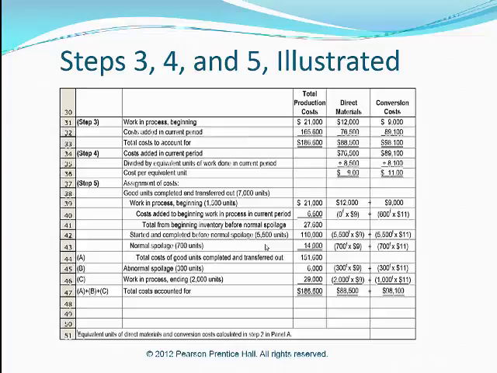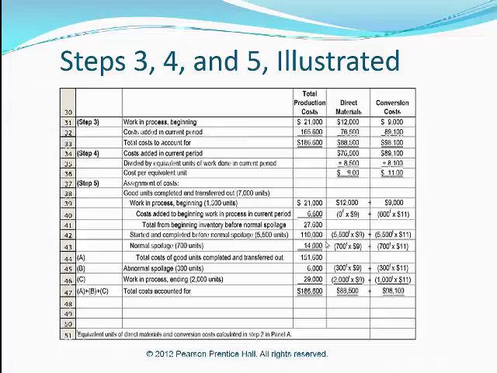So 7,000 good units times 10% gave us 700 units of normal spoilage. They too were considered to be started and finished in this particular period. Again, 100% as to direct materials and as to conversion cost. So 700 times 9 and 700 times 11, filling in those two cells, and then totaling it up, would have their normal spoilage value 14,000.